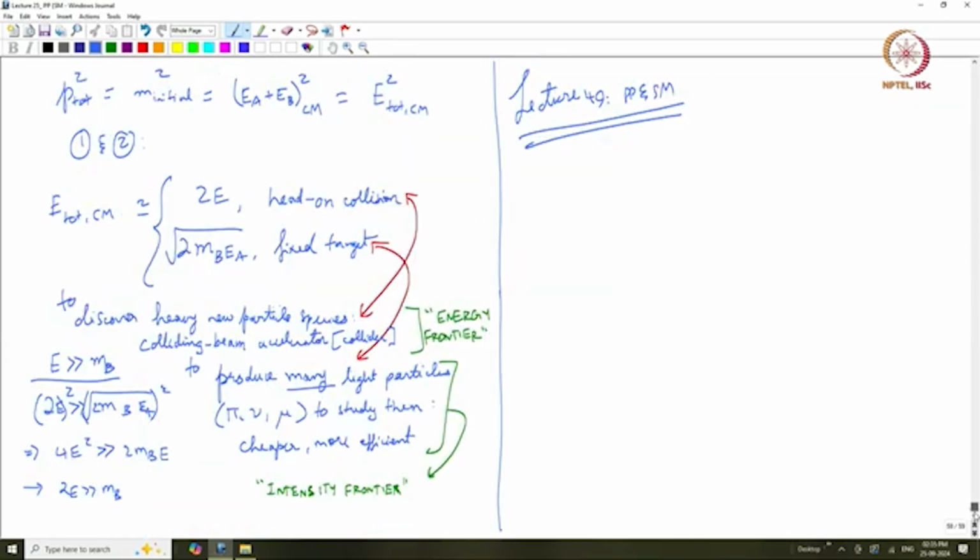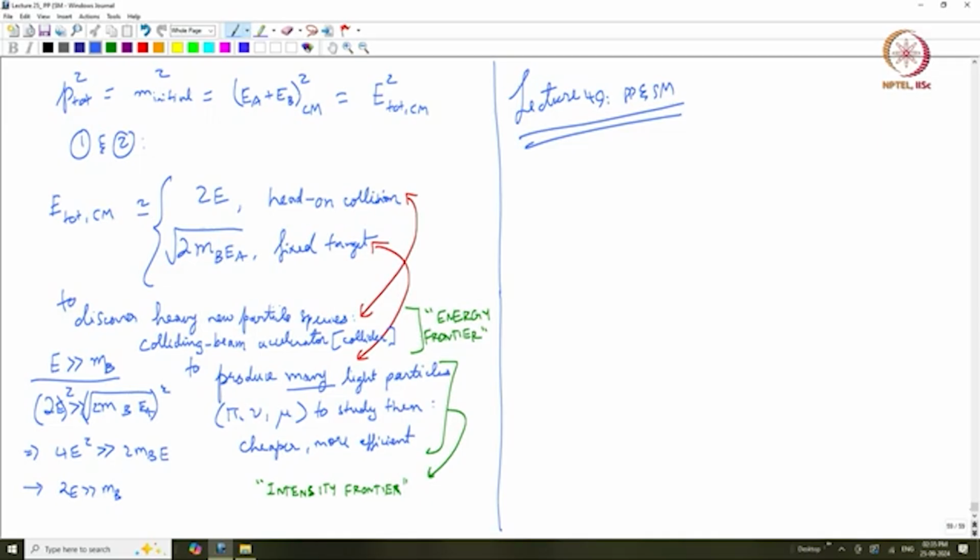That showed us the scaling between the total center of momentum energy and the energy in each beam. For a head-on collision the scaling was linear, and for a fixed target the scaling goes as a square root, with the mass of the target compensating for the dimensions.